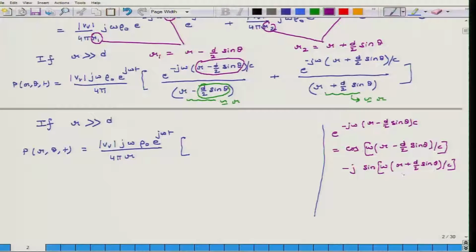Now, here I cannot drop the d over 2 sin theta term. Why can I not drop it?